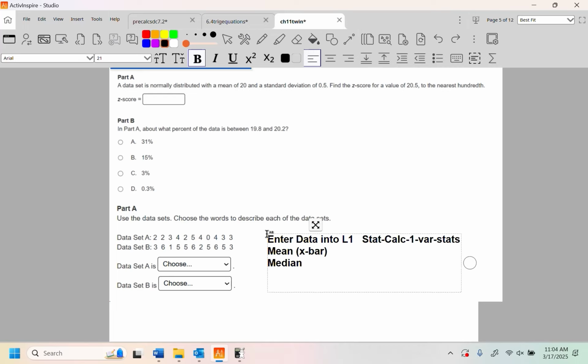And you're also going to want to look at the stat plot. So you need to turn stat plots on. That's going to be second y equals, and specifically the histogram.